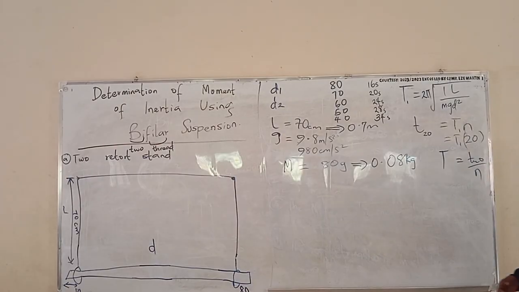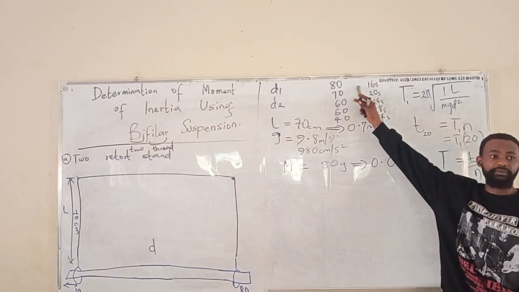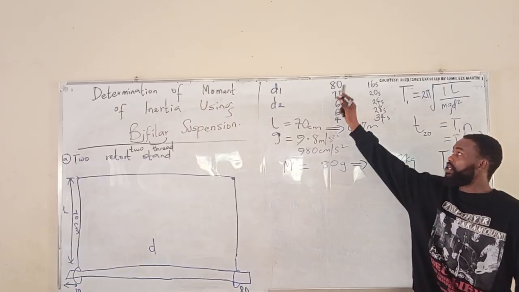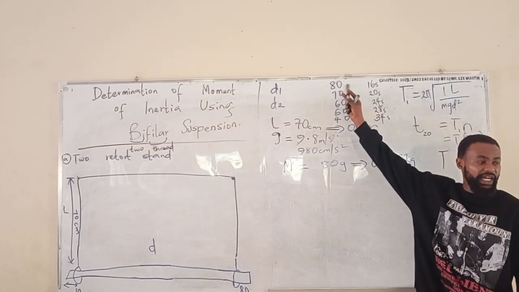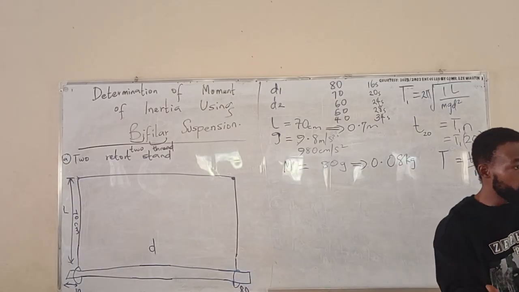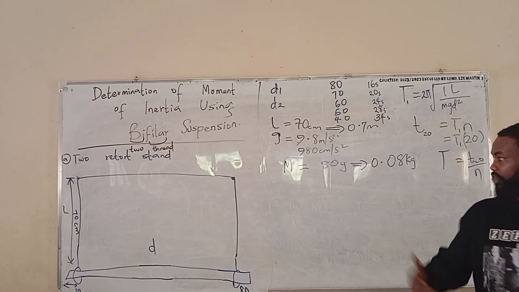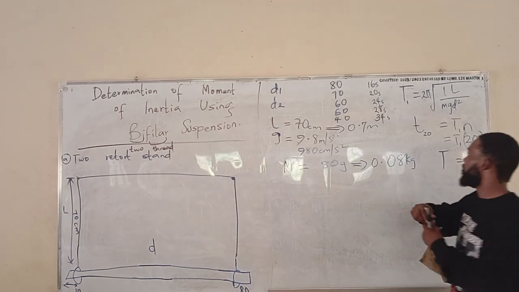So if I know the seconds I'll be giving, at this junction I can now start. You know that this time here is actually for 20 oscillations, Shebi? Because each distance you have here is the distance you use to do 20 oscillations. So when you are actually doing your practical, most of the time it's not the period you are finding. What you are finding is the time for a particular oscillation, which is this smaller thing that I put here.